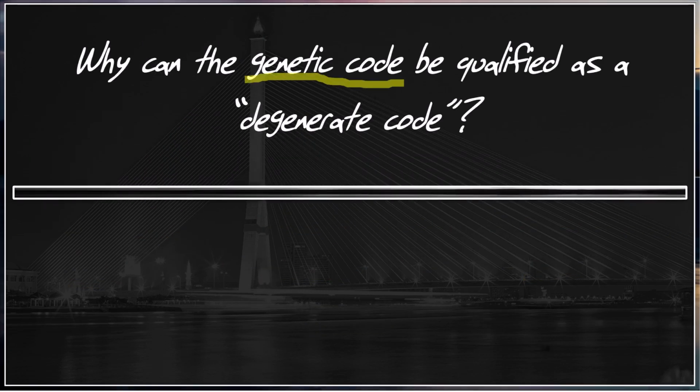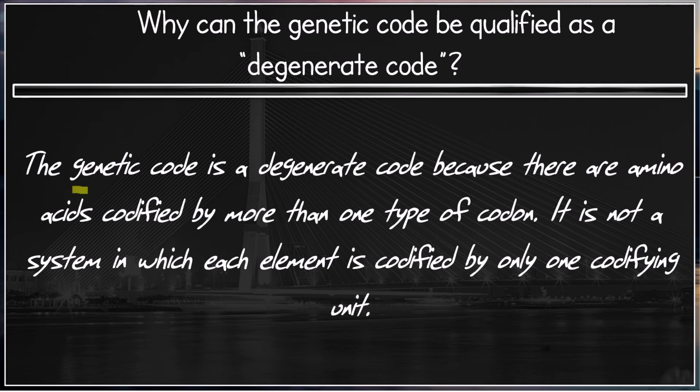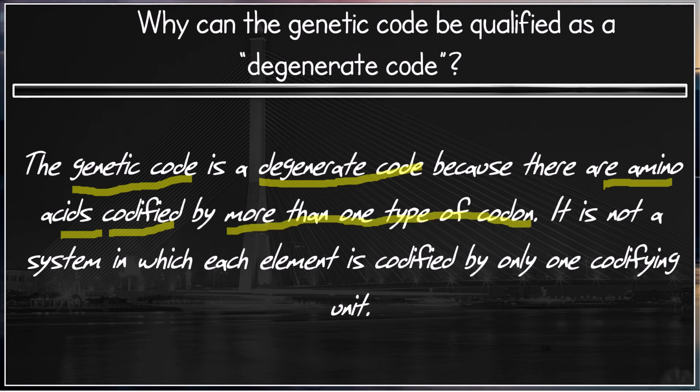Why can the genetic code be qualified as a degenerate code? The genetic code is a degenerate code because there are amino acids codified by more than one type of codon. It is not a system in which each element is codified by only one codifying unit.